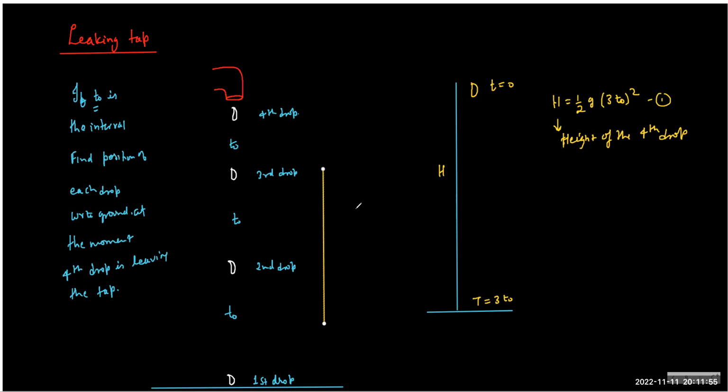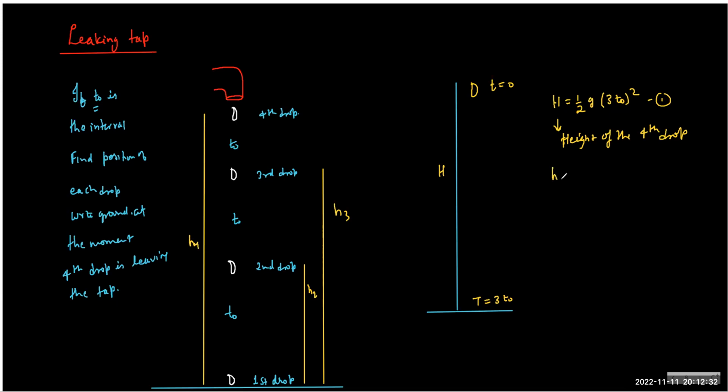If you call this as H3 and if you call this as H2, and if you call this as H4, okay, I think I have taken the wrong diagram. Just a minute. So I hope you can see H1, H3, H4, right?